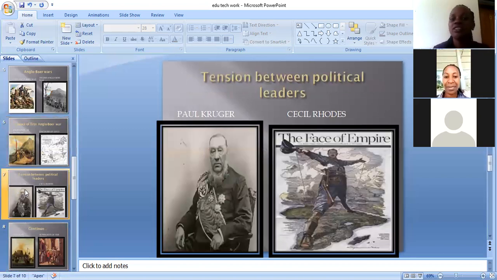The third point is the tension between the political leaders. By tension, I mean battles, like Rita and Fausta. Let's say you're friends and you sleep in the same room, but a certain day comes and you don't relate to each other, and every time you're quarreling.